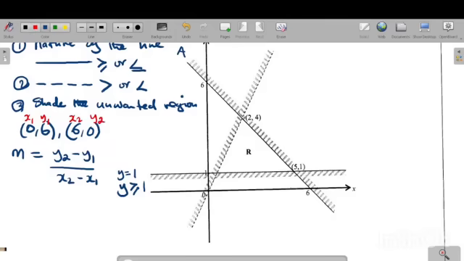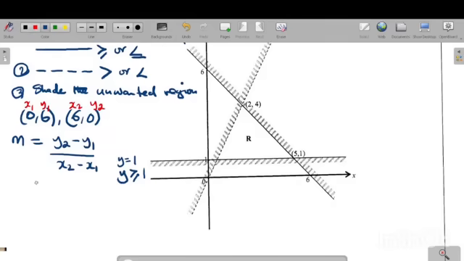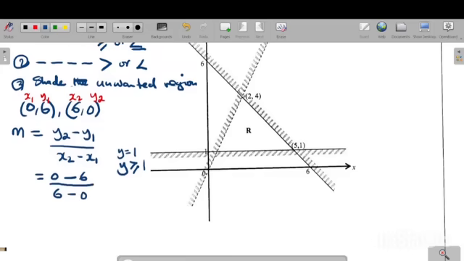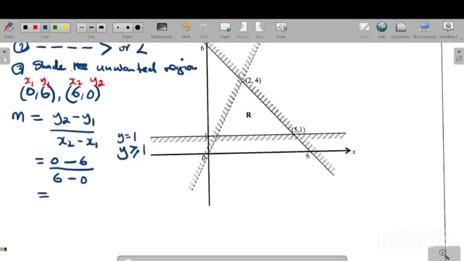We can now substitute to find the gradient. y2 is 0, so we have 0 minus y1, which is 6, over x2, which is 6, minus x1, which is 0. So we are going to have 0 minus 6 is negative 6 over 6 minus 0 is 6, and this gives the gradient to be negative 1.